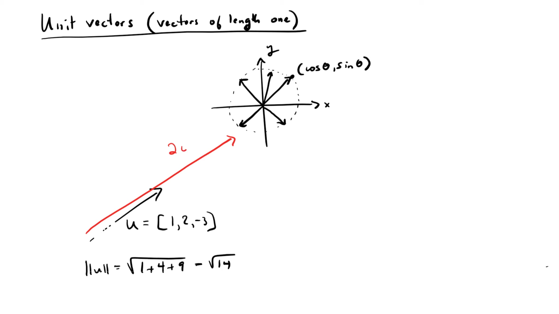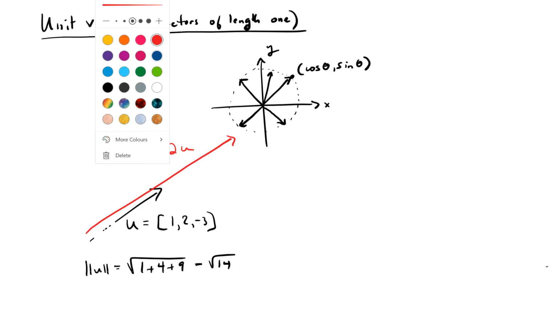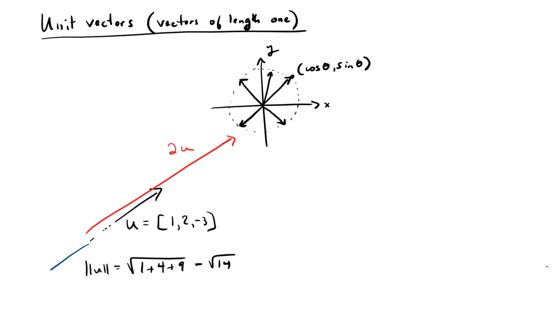So maybe I'll just write twice as long, 2u. Or maybe I want to create a vector that's half as long, but pointing in the other direction. Maybe that's too long for half, like this. That's, well, I should write minus a half of u, right? Because it's pointing in the opposite direction.